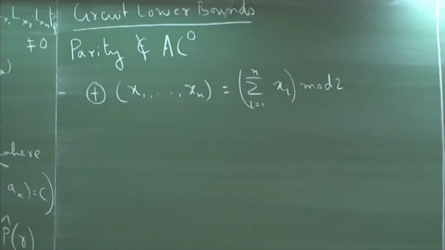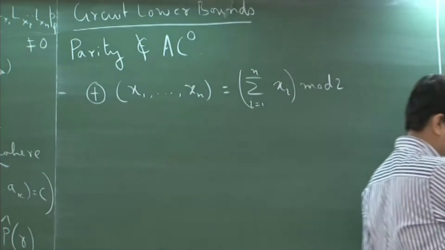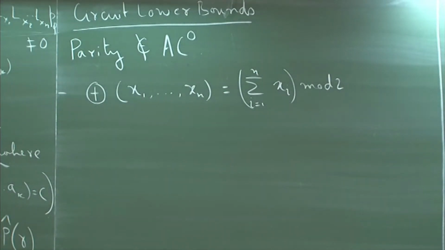If it sums up to an even number, it is 0, otherwise it is 1. It is a very simple function, and of course we know that there exists an NC1 circuit family which is able to compute parity quite easily, but when we come down to AC0, this is not possible.